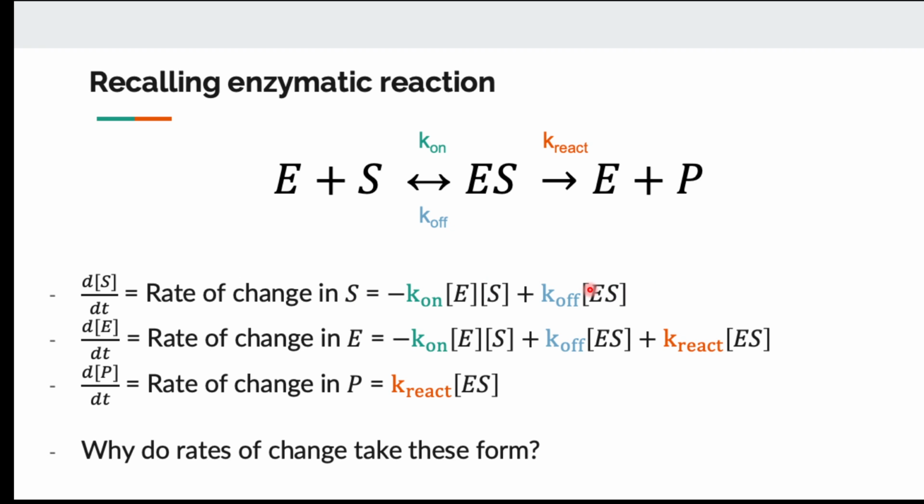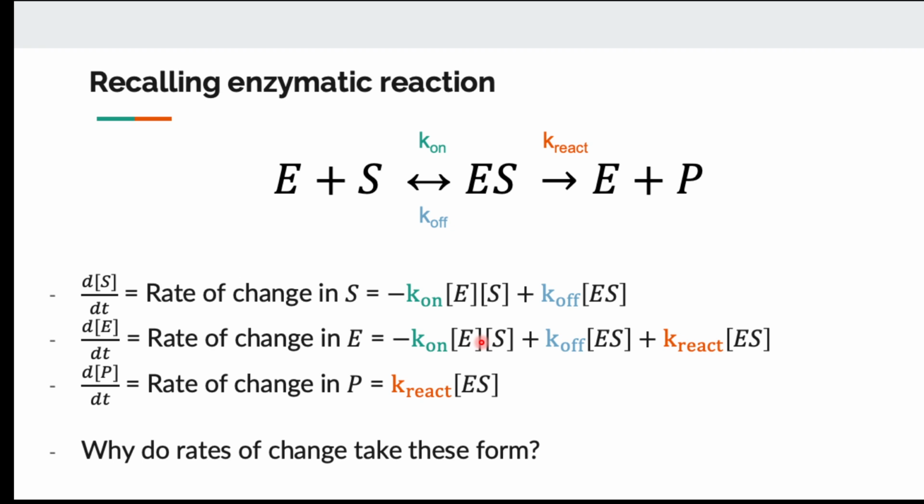So it reduces the concentration of pure substrate by this term, K binding, multiplied by the concentration of enzyme multiplied by the concentration of substrate. And because some enzyme substrate complex can separate and turn back into enzyme and substrate separately, the rate of change also has a plus term, plus K dissociation times the concentration of the complex. So we have seen these kinds of equations before.